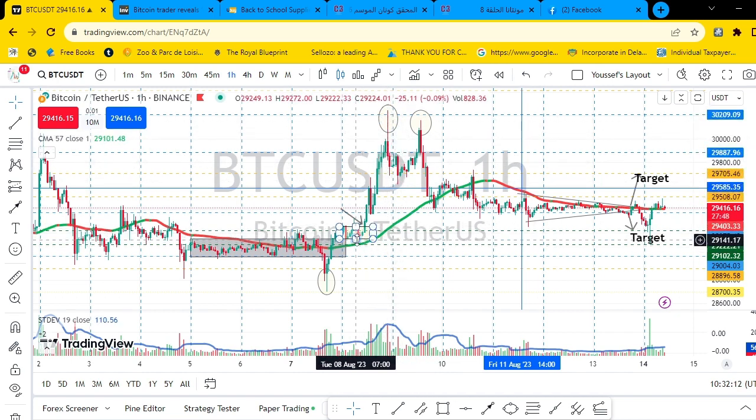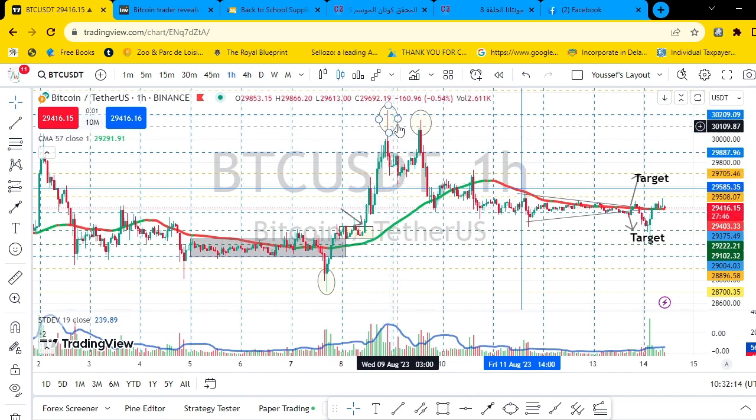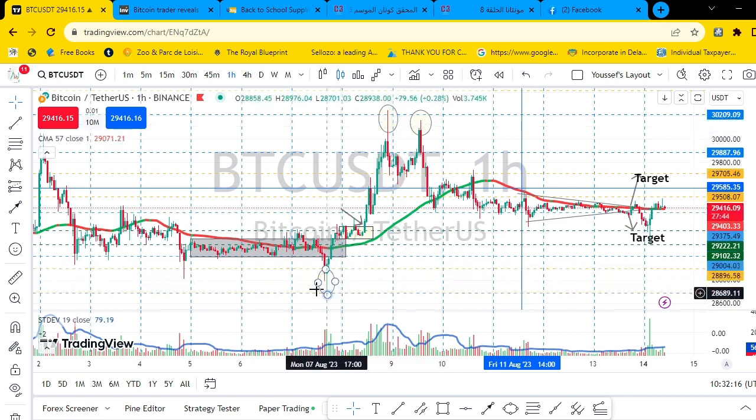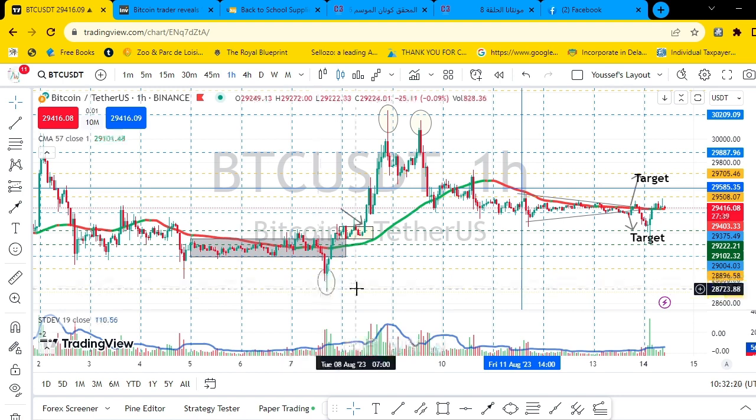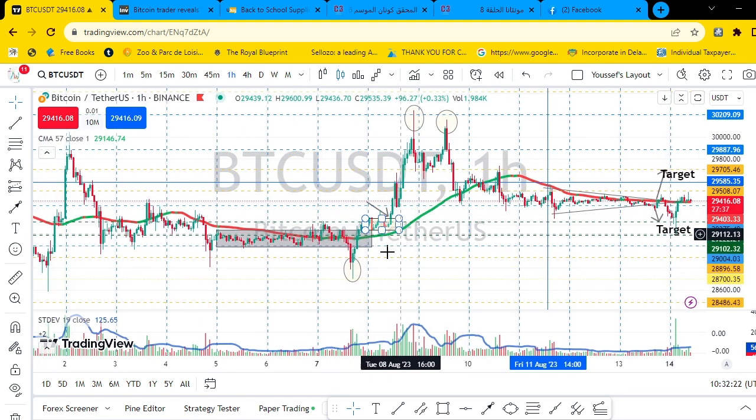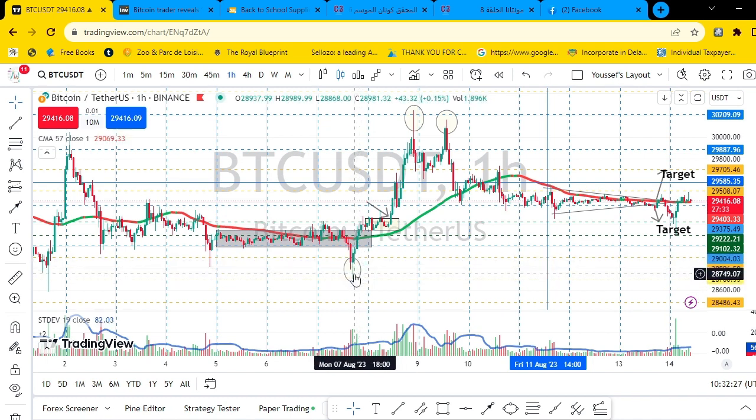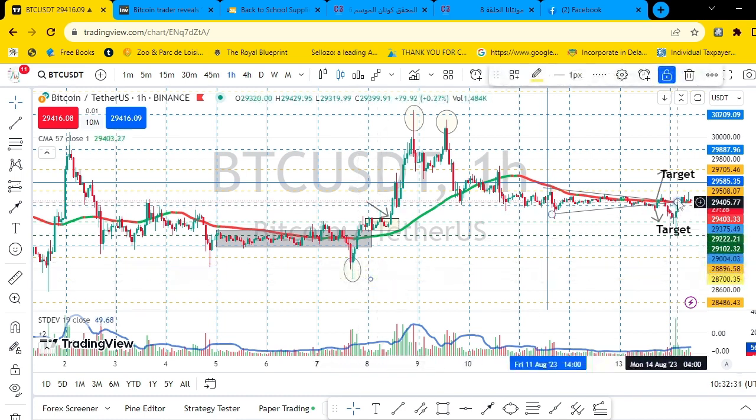From here to here, normally we have to wait. You can place your trade from here, but you never know. Maybe it's going to make a pullback, correct for a few minutes, and then continue going lower.